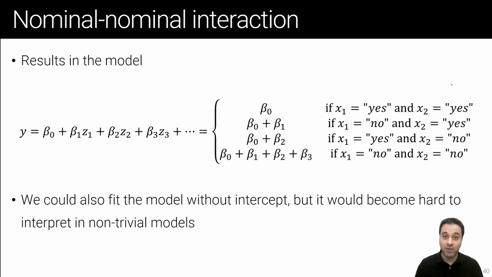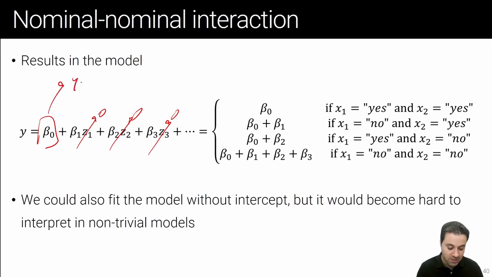So if both x1 and x2 are equal to yes, then we would have z1 equals 0, z2 equals 0, and z3 equals 0. So this is only beta 0. Beta 0 in this case would correspond to a specific case, yes, yes. This would be the reference, and all the others would be deviations from it.